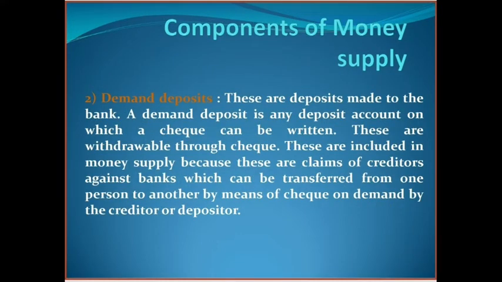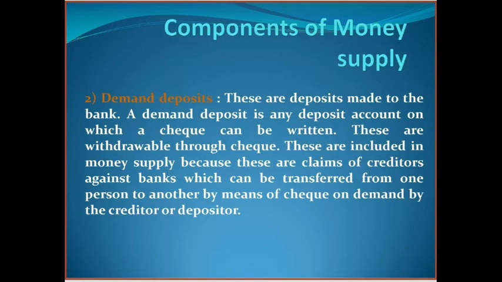The second component of money supply is demand deposits. These are deposits made to the bank. A demand deposit is any deposit account on which a check can be written. These are withdrawable through check. These are included in money supply because these are claims of creditors against banks which can be transferred from one person to another by means of check on demand by the creditor or the depositor.